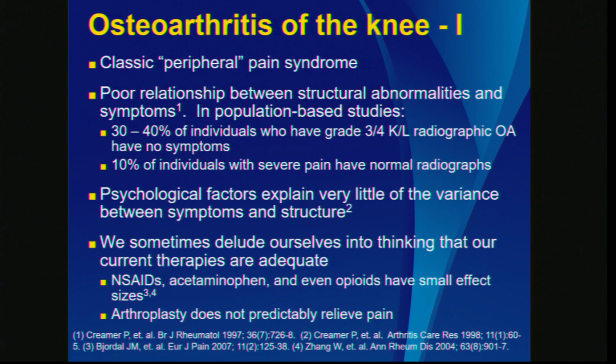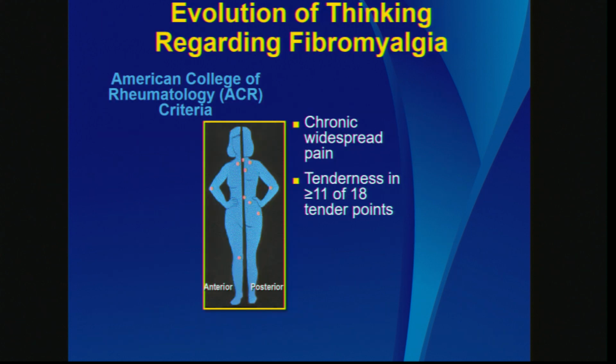This entirely peripheral model of pain is flawed in that it really doesn't explain what we see is happening in our patients. So I'm going to talk a little bit about fibromyalgia, but I'm going to talk about it more so as a metaphor than a standalone diagnosis or a standalone illness. And I always, when I show this slide, remember to tell people to call fibromyalgia whatever you feel comfortable calling it.